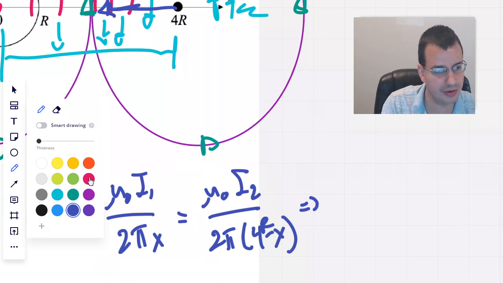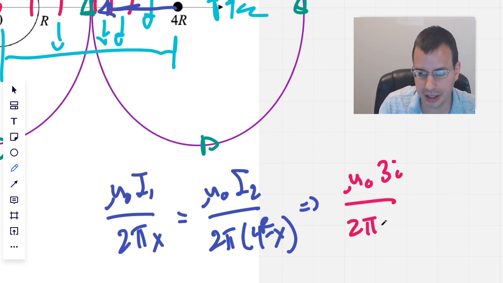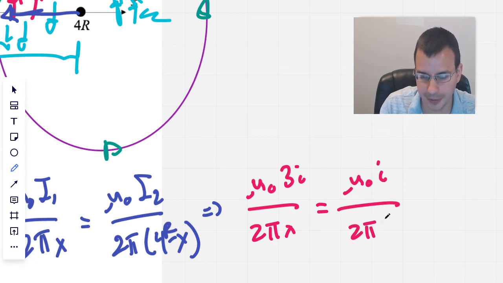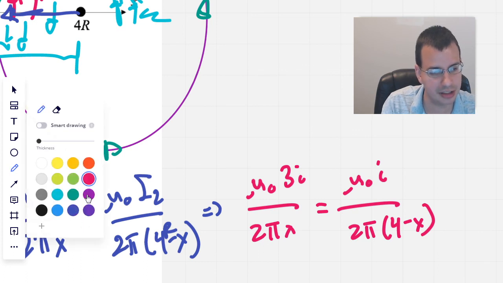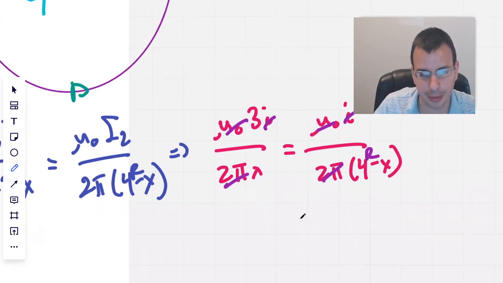Going to simplify this a little bit: mu naught 3I all over 2 pi x equals mu naught single I all over 2 pi times 4r minus x. Doing some canceling, the mu naughts cancel, the 2 pi's cancel, the current cancels, and I always forget that r in 4r minus x.